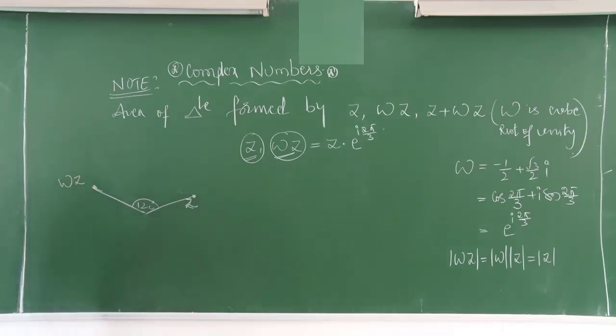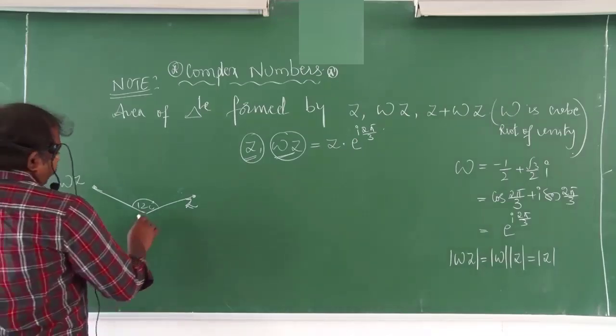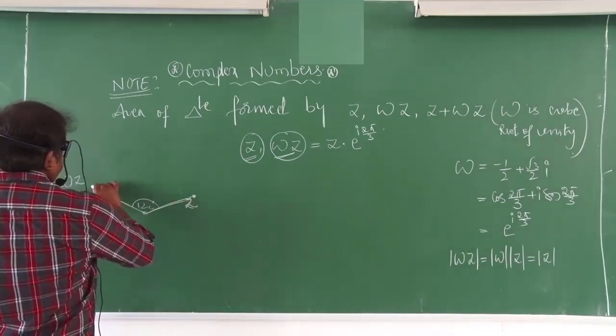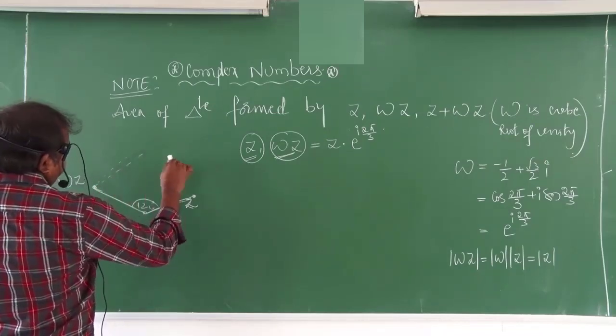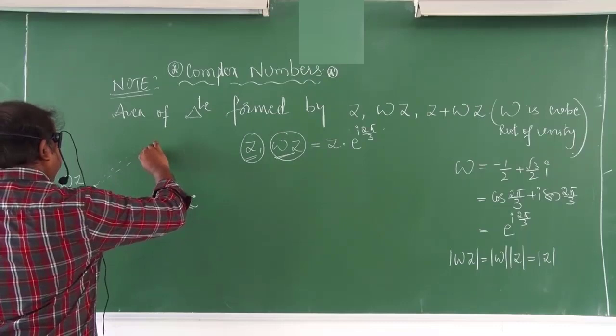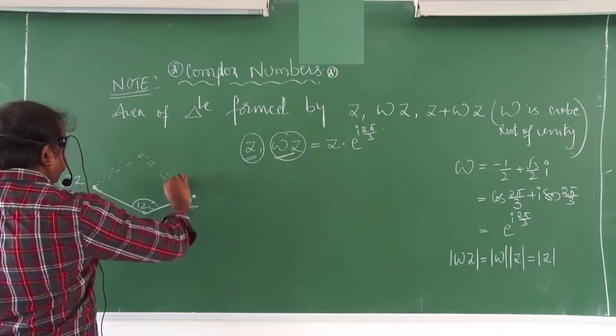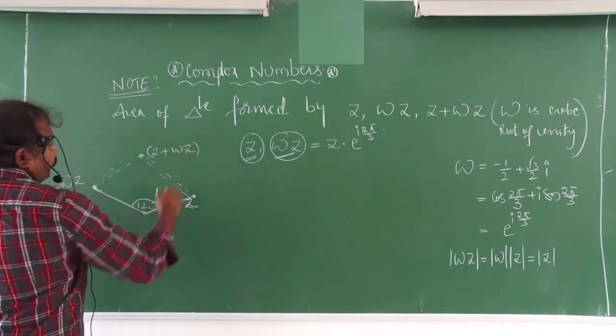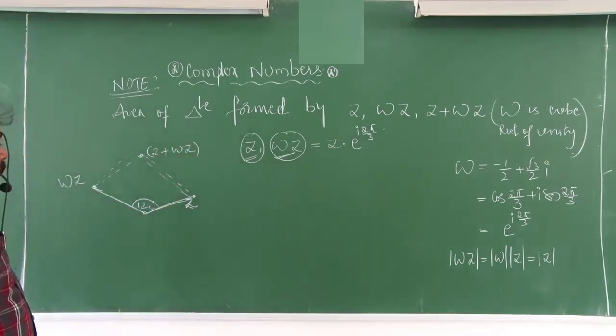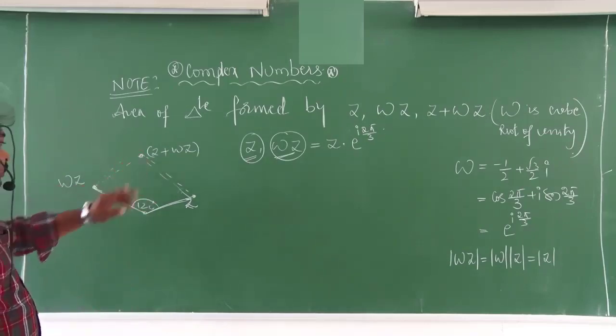Now one more complex number, z plus omega z. Where does it lie? Complete the parallelogram. According to the geometrical addition of complex numbers, z plus omega z lies like this.